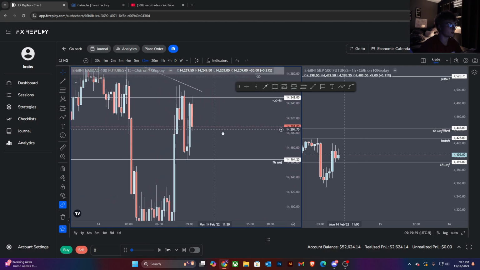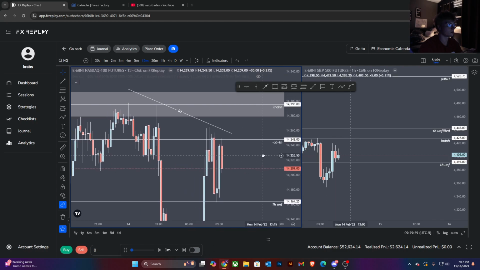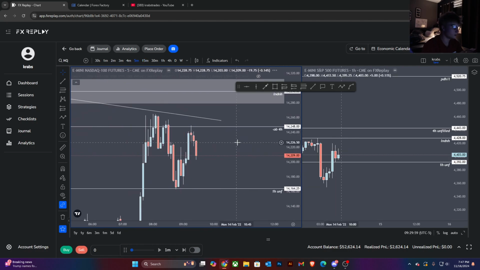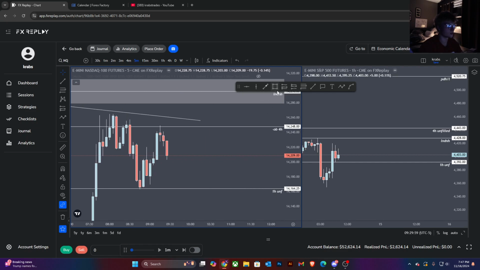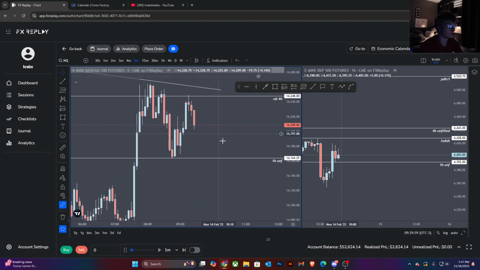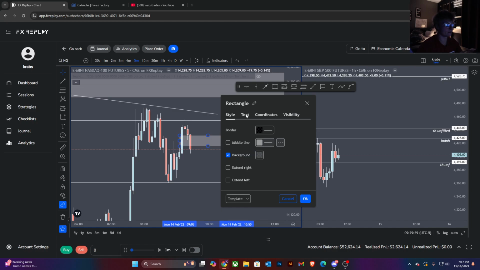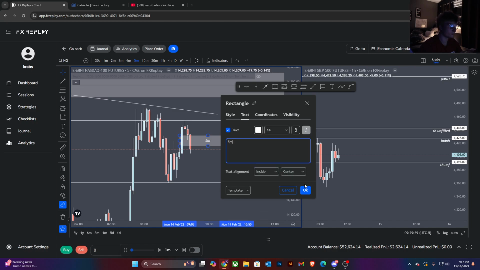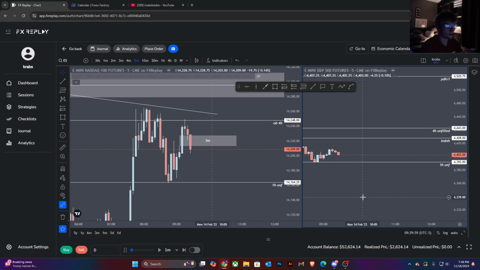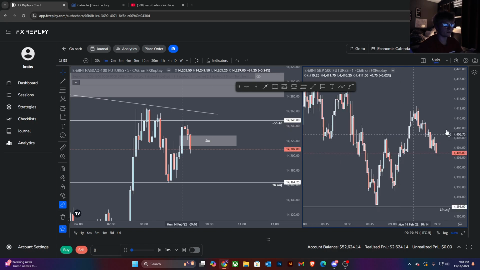We got the 15-minute. Don't really see too much. 5-minute. We'll see if we hold this. We did an inverse. Got this 5-minute fair value gap. So yeah, let's see how we open up.